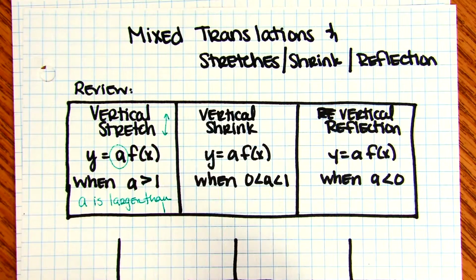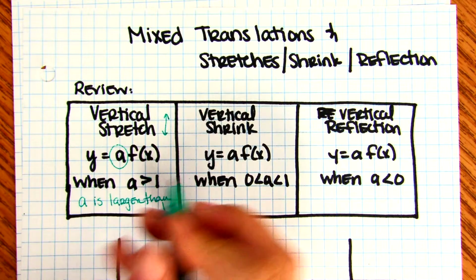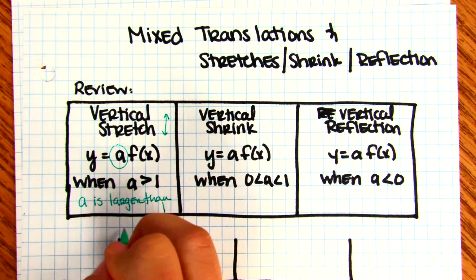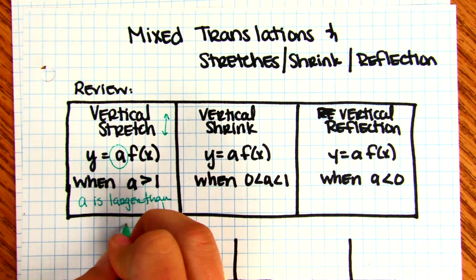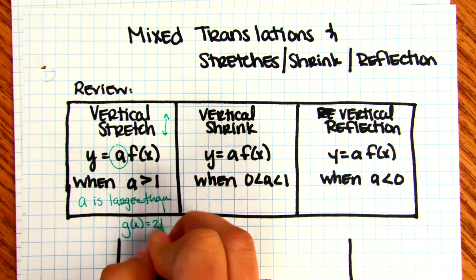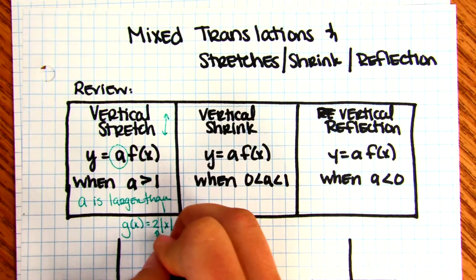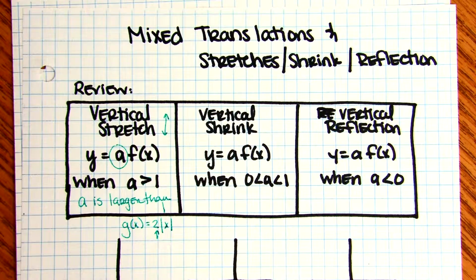An example of that would be if f of x, the parent function, is the absolute value of x, and we have a transformed function being 2 times the absolute value of x. Then this is going to be stretched vertically 2 units.